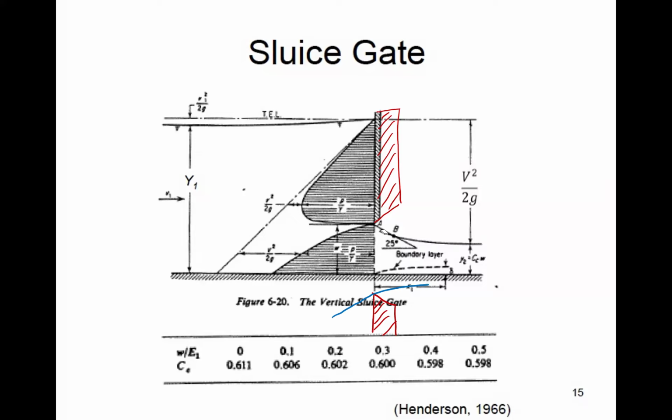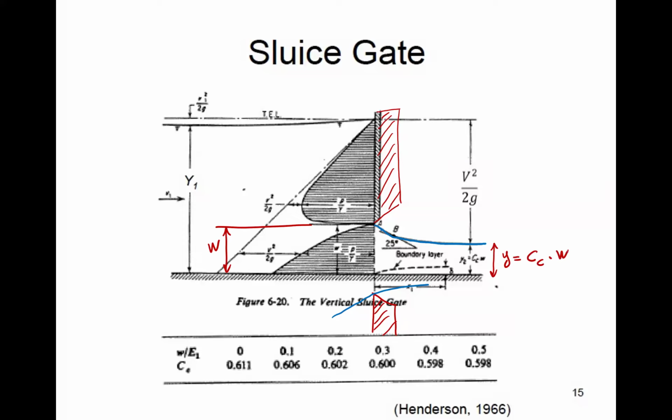So if you see that's the water level, and you see what it's doing, the depth of the flow upstream is this much, and the opening of the gate is, let's say, W, and the depth downstream is a contraction coefficient multiplied by W. So slightly smaller than the opening of the gate, exact same thing as an orifice, really nothing different.